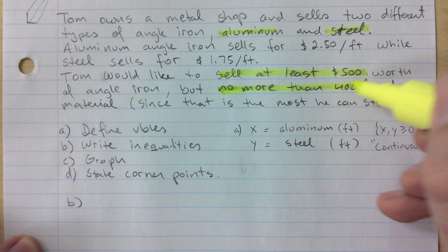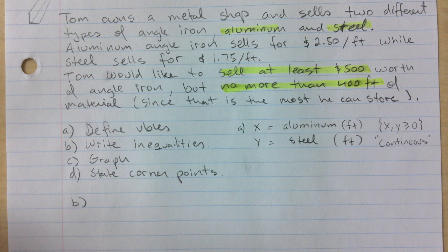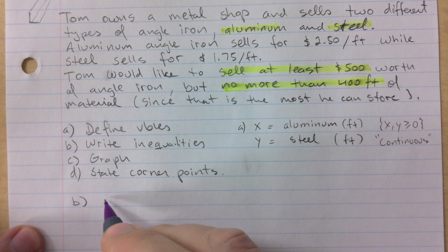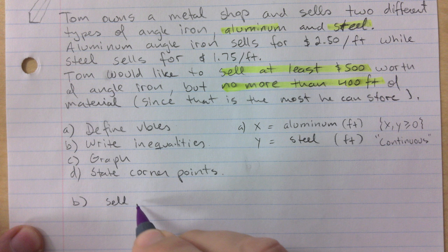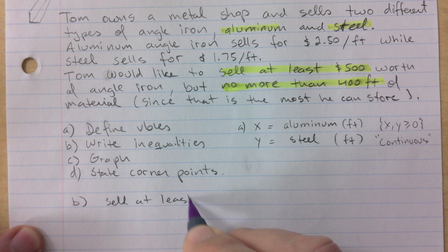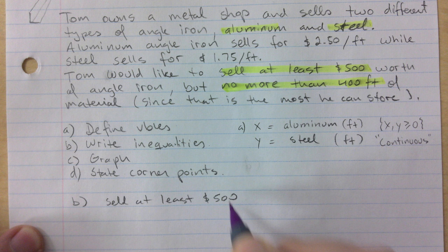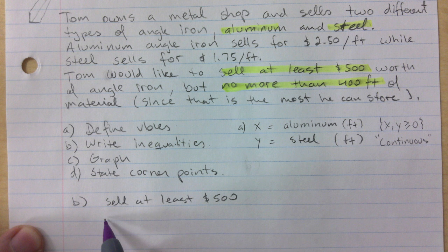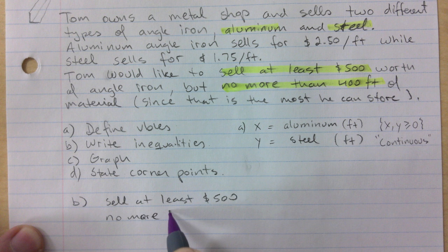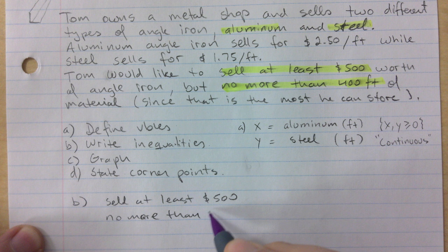So there are your restrictions. We'll put that down: sell at least $500 and no more than 400 feet. So we're talking dollars and feet, two different things.